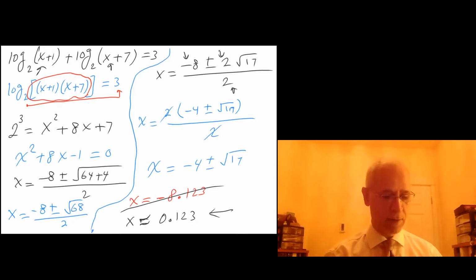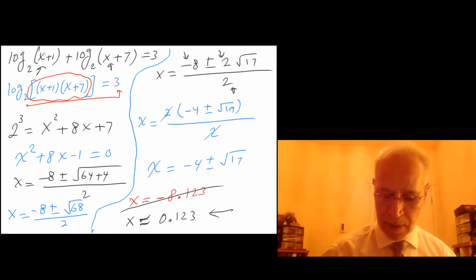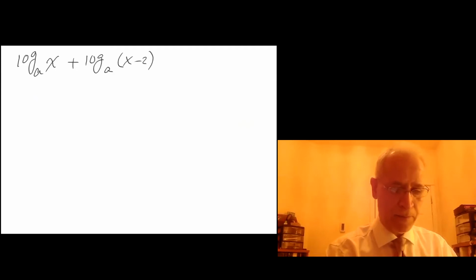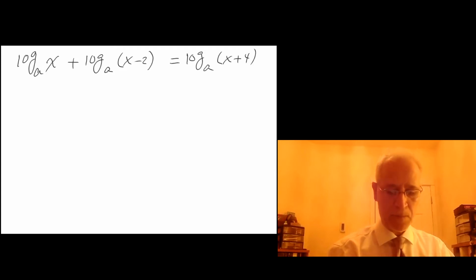And let's do one last problem. How about if I had log base a, what is a? We have no idea. Could be any number. Log base a of x plus log base a of x minus 2 equals log base a of x plus 4.